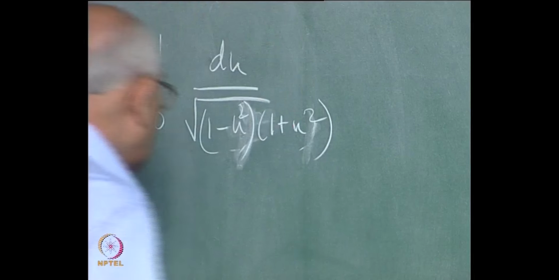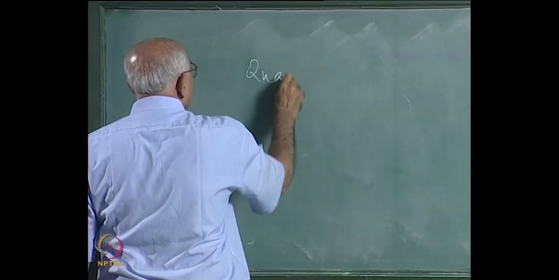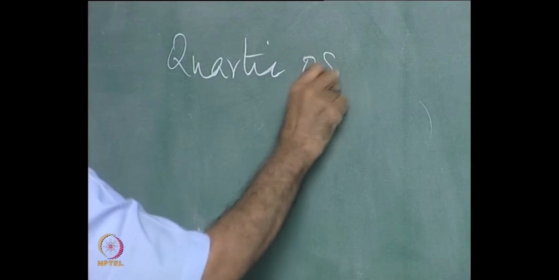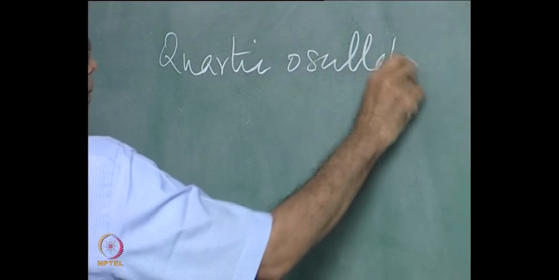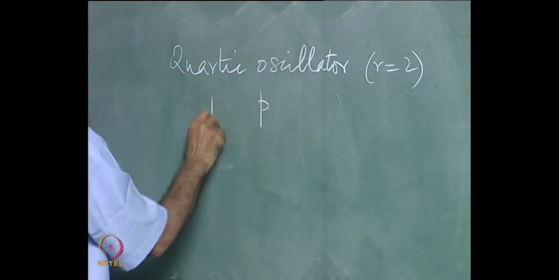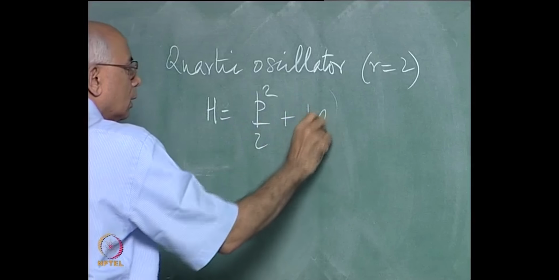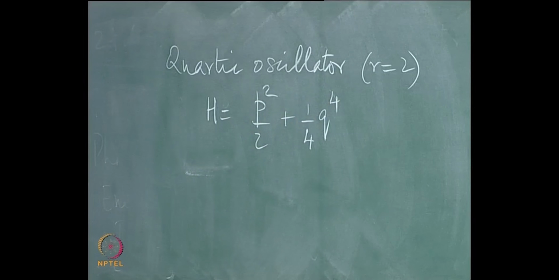In fact, if you set r equal to 2, we have a quartic oscillator, with the Hamiltonian p squared over 2 plus 1/4 q to the power 4.